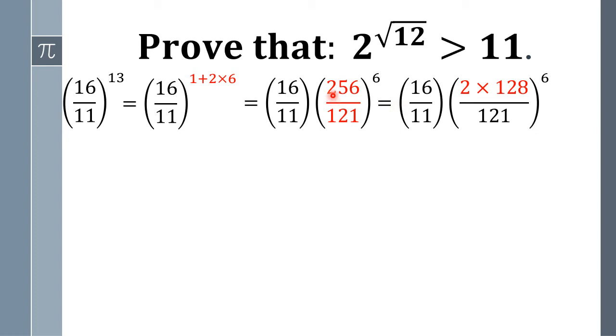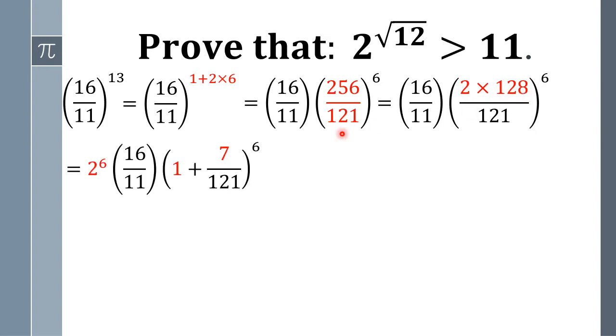And 256 can be written as 2 times 128. And 2 to the 6th power can be put in front. And the entire expression is written as 2 to the 6th power times 16 over 11 times 1 plus 7 over 121 to the 6th power.